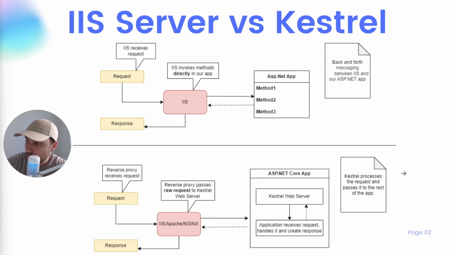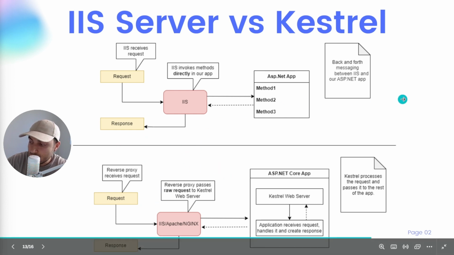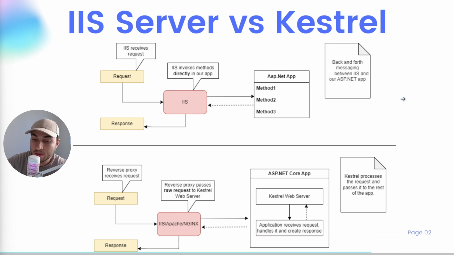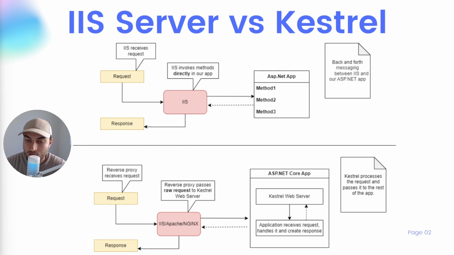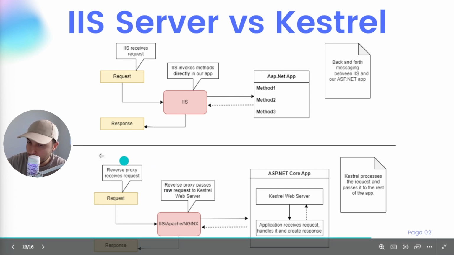But for now, what I want you to understand, or the main difference, is that the web server is self-hosted into our application, right? So basically, we have a request. Also, we have a new entity in here, which is called a reverse proxy, which basically sits in front of our application, as you can see in this example.